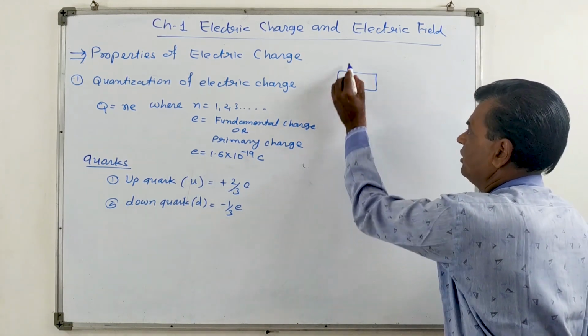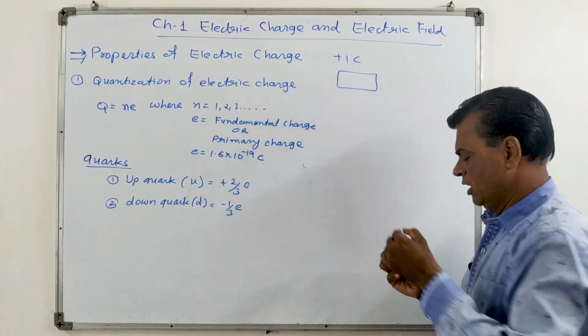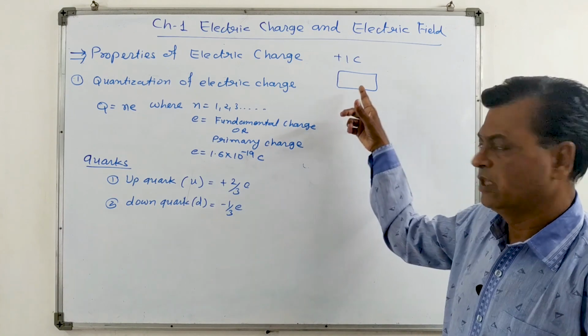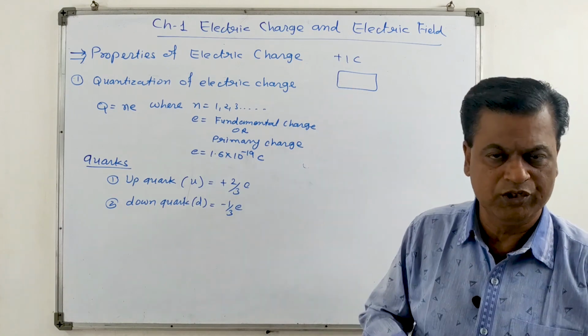1 coulomb positive charge on body. So how many electrons can be taken out from the body so that it becomes 1 coulomb positive charge?